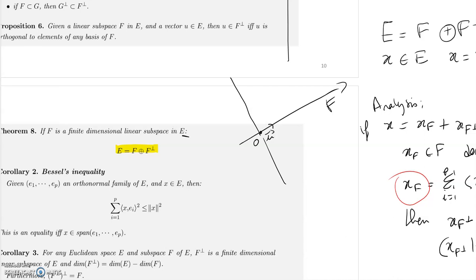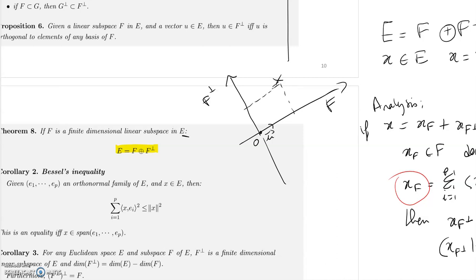So let's say that this is F, that would be F orthogonal, okay? And the sum of those two linear spaces is going to make R2 together. Why? Because simply any x in R2, you can express it uniquely as one part that belongs to F, and one part that belongs to its orthogonal.